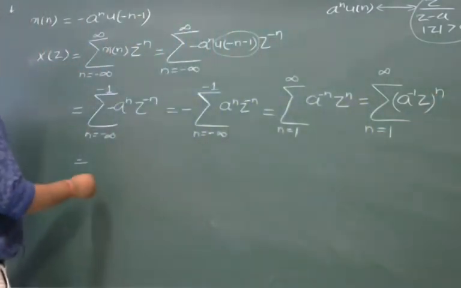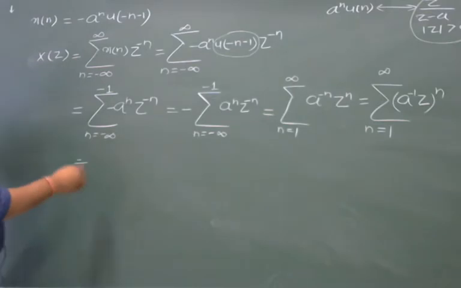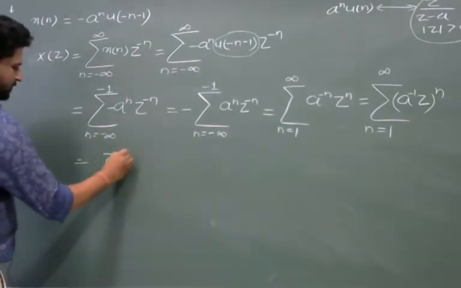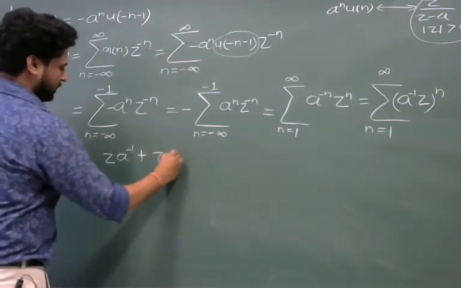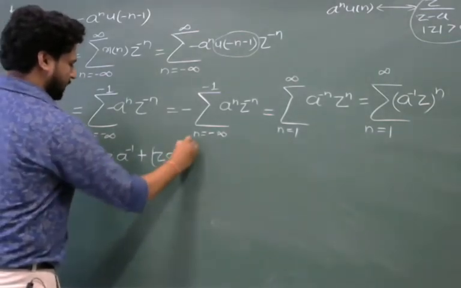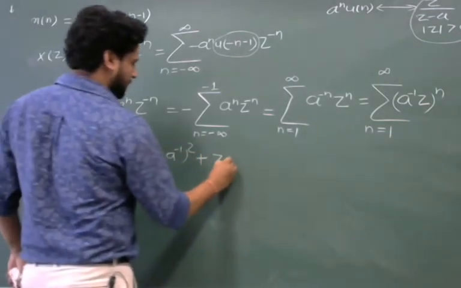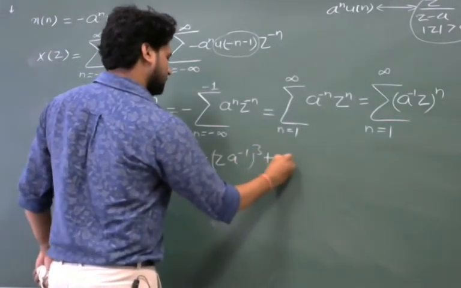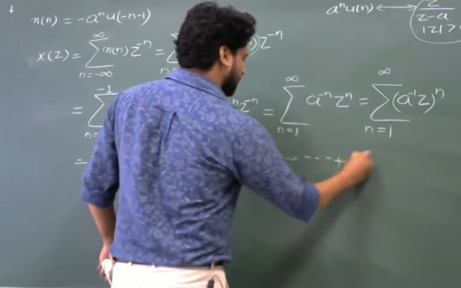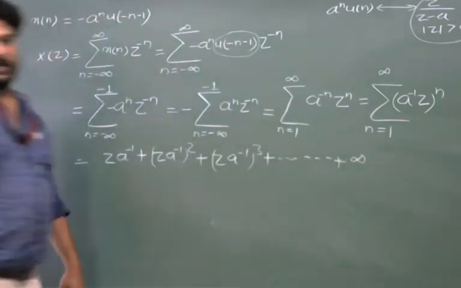So when I put n equal to 1, this will become z a inverse plus z a inverse whole square plus z a inverse whole cube plus, and this will continue till infinity.